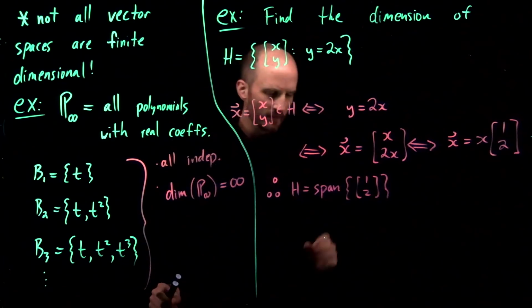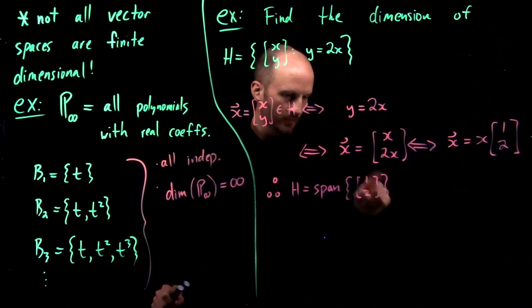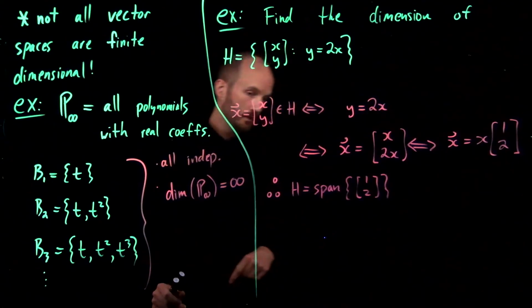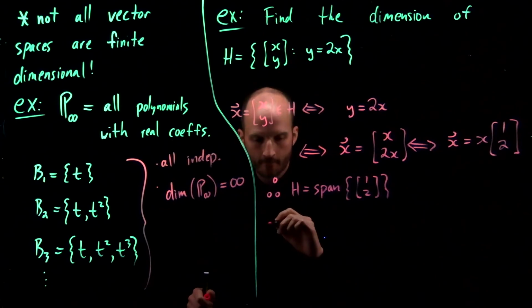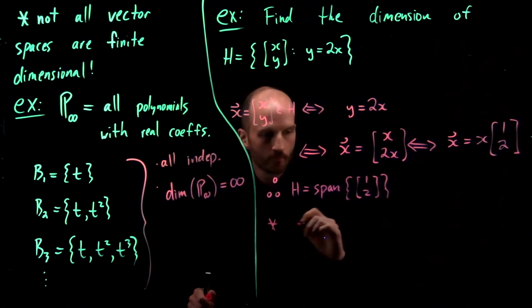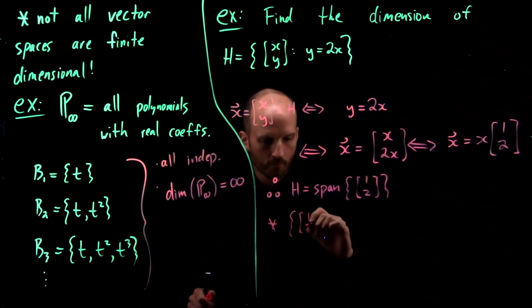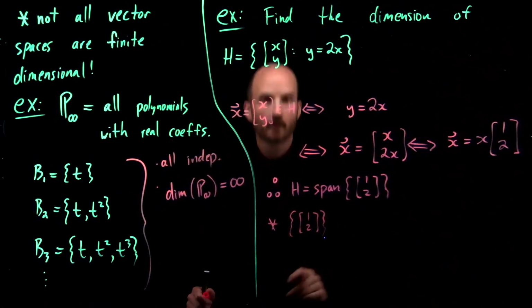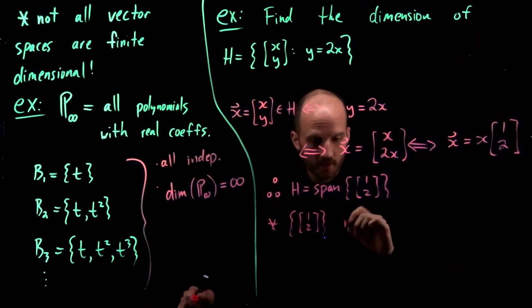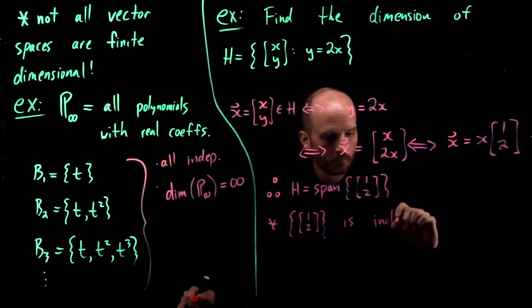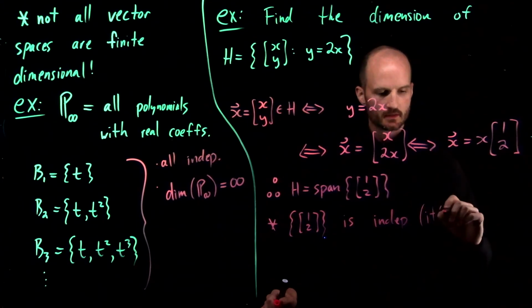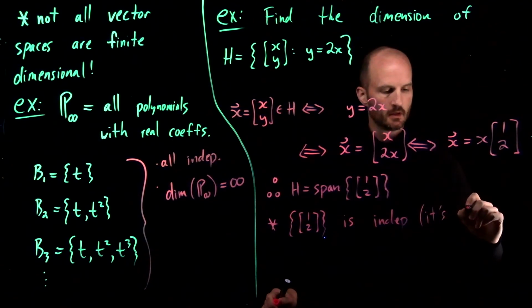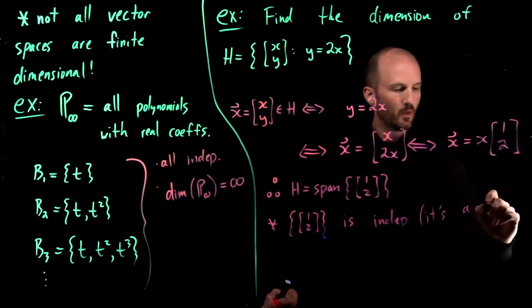I've already shown you that the span of this guy here is equal to H. So I just need to remark that this guy here is independent. Why is that? Because it's a set of one non-zero vector.